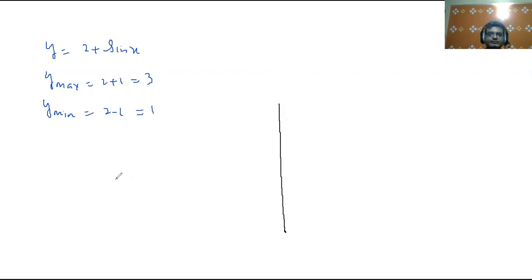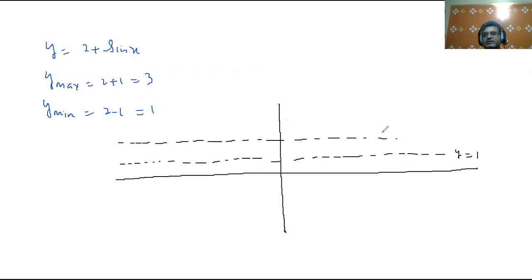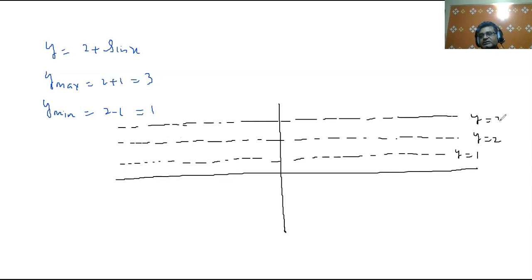Just see the graph. This is for y is equal to 1, and this is basically for y is equal to 2, and this is basically y equals 3.